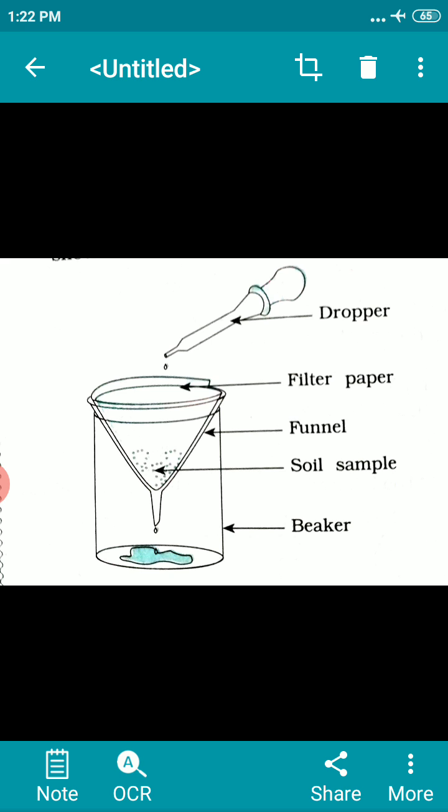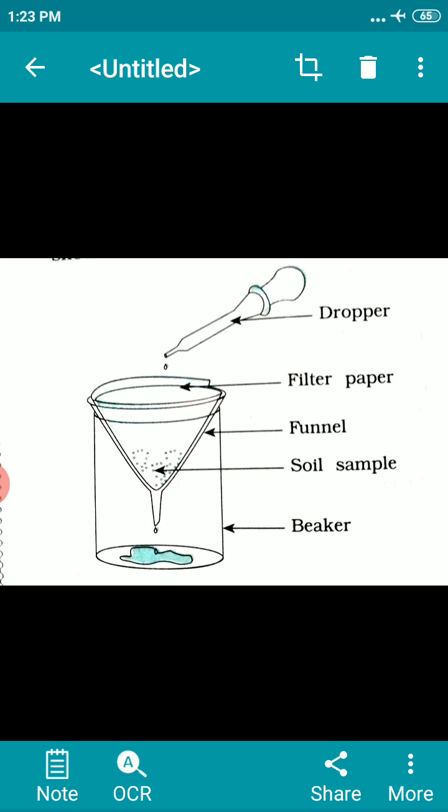So the next one is soil erosion. What is meant by soil erosion, children? Soil erosion means the removal of the upper layer of the soil with the help of wind, water and rain. So the removal of the upper layer of the soil by agents like wind and water is called soil erosion.